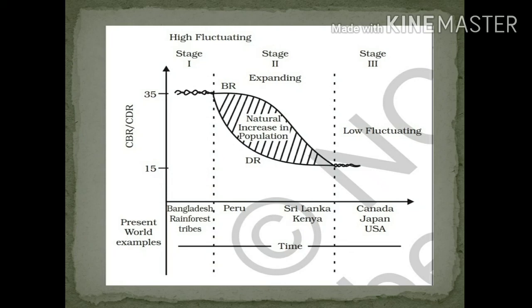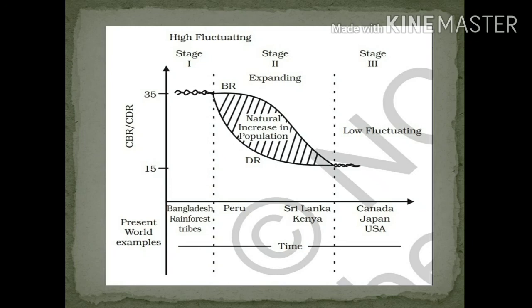And death rate from the very beginning of stage 2 has declined up to 15 per thousand. And in stage 3, that is the low fluctuating stage, you can see both CBR and CDR are low and equal, that is 15 per thousand. It has reached up to 15 per thousand in stage 3, that is we have controlled both birth rate as well as death rate in the third stage.